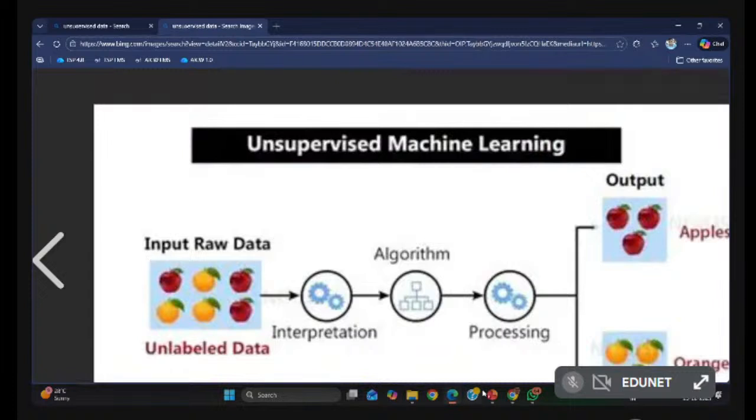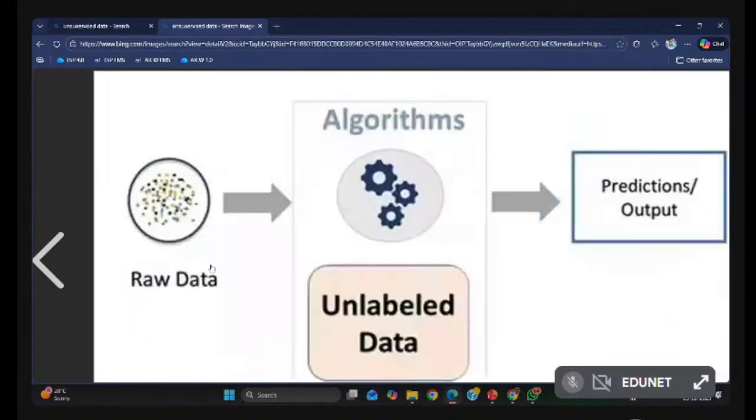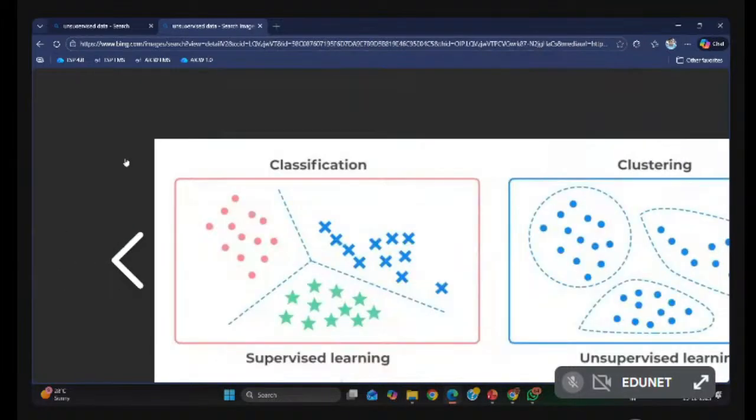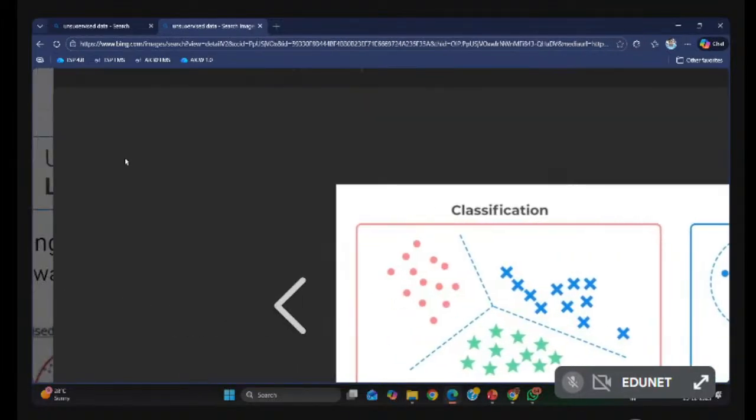See, in this image what happened? Are we getting any label? No. Wait. Just 1 minute.